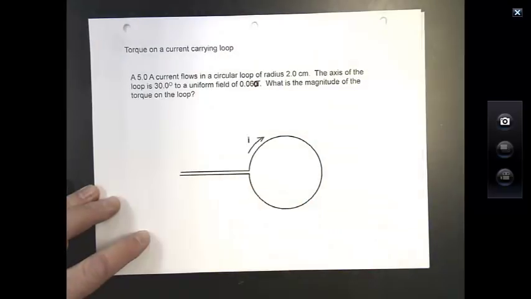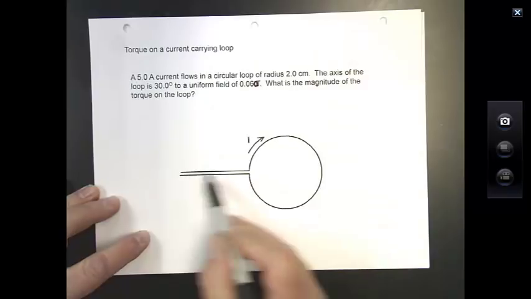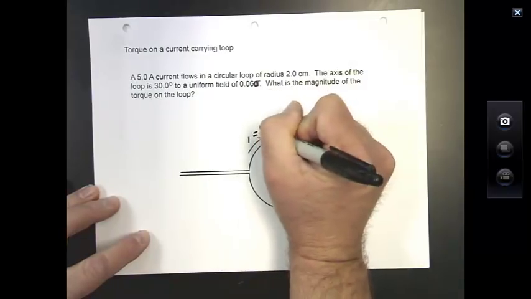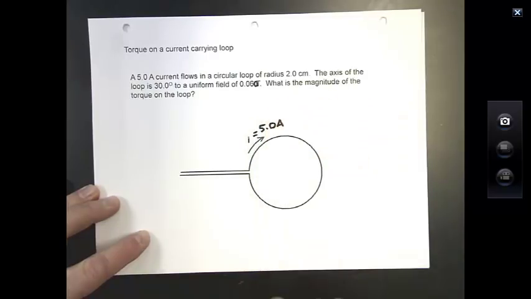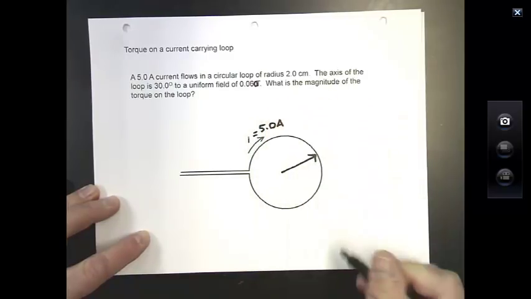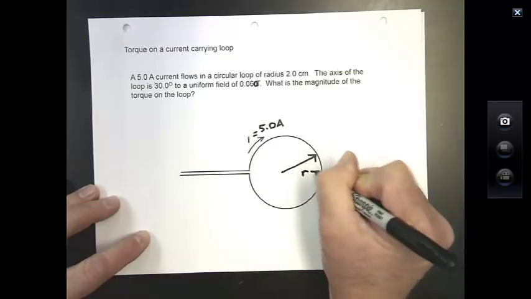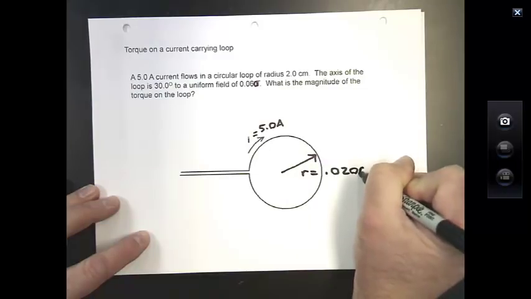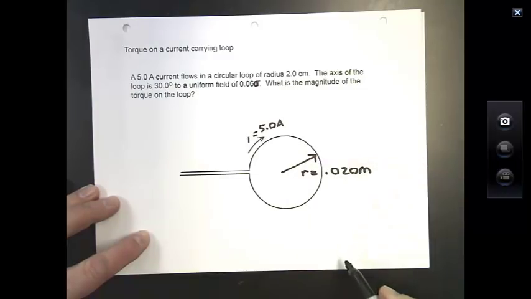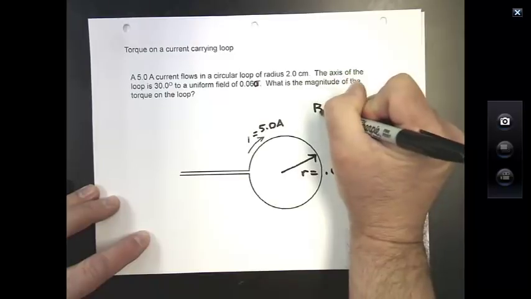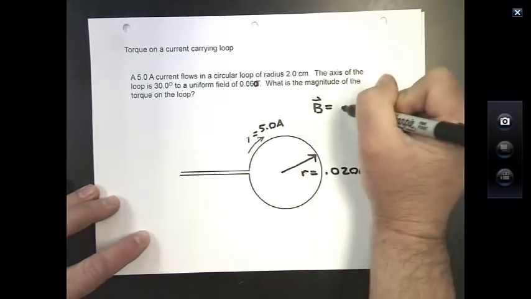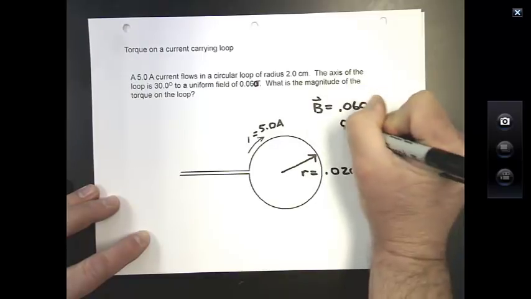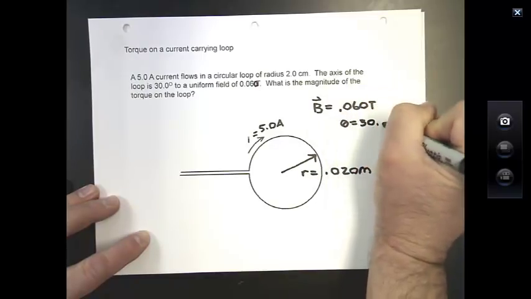So imagine we've got a loop of wire that we're sending a current through, and that current is 5 amps. The radius is 2 centimeters, or 0.020 meters. The uniform field is 0.060 teslas at an angle of 30 degrees to the loop.